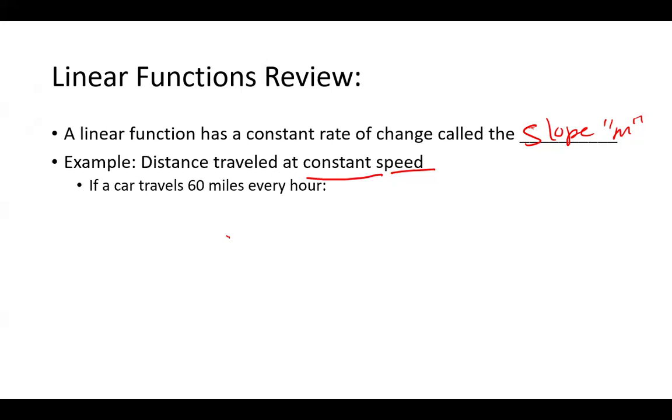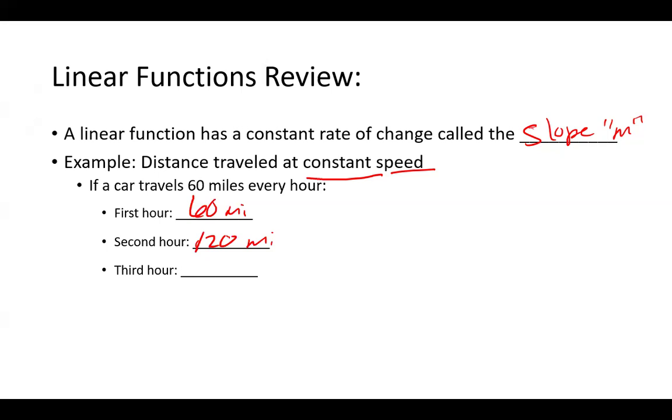If you know that it's traveling 60 miles every hour, I would ask you, first hour, how far have I gone? 60 miles. Second hour, how far have I gone? 120 miles. Third hour, how many miles have I gone? 180 miles.